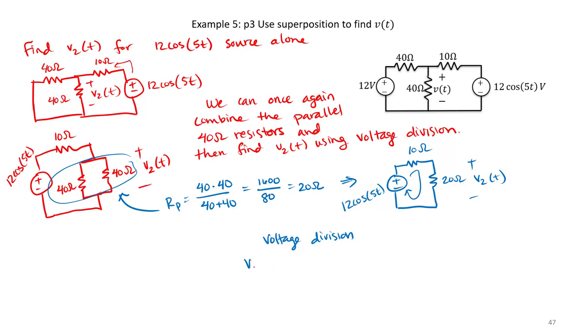We can find that V2 of t is equal to the voltage drop across our 20 ohm resistor, which is 20 ohms, divided by 10 plus 20, times our source, which is 12 cosine 5t. That's also equal to 2/3 times 12 cosine 5t, which is equal to 8 cosine 5t volts.